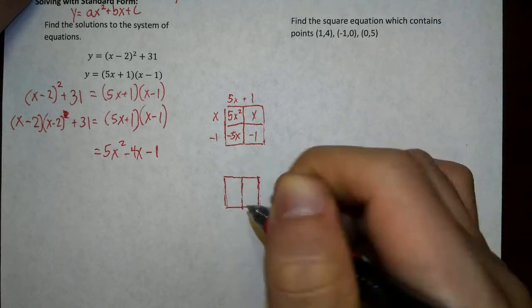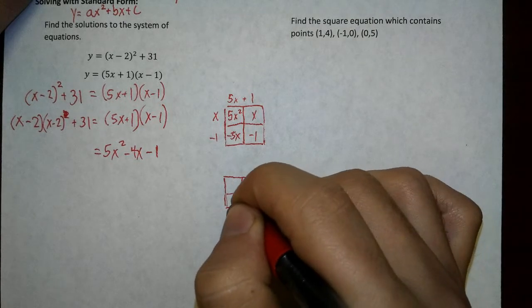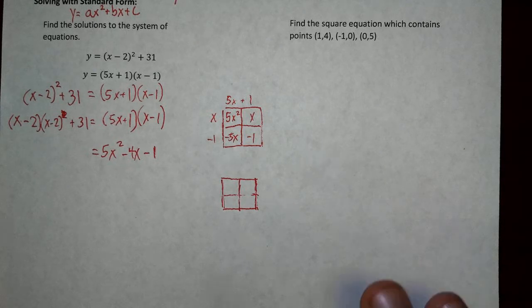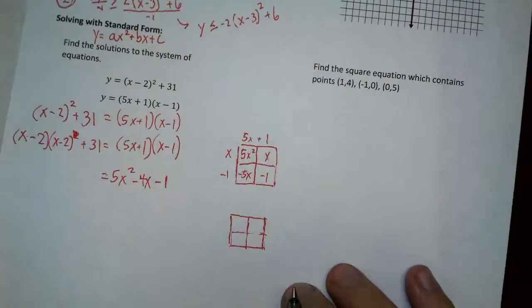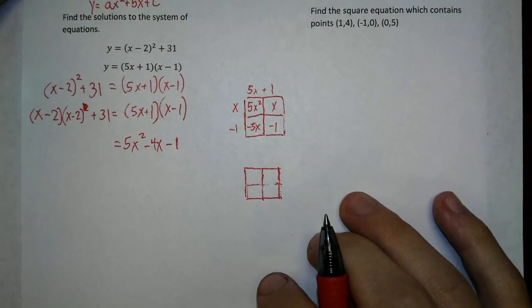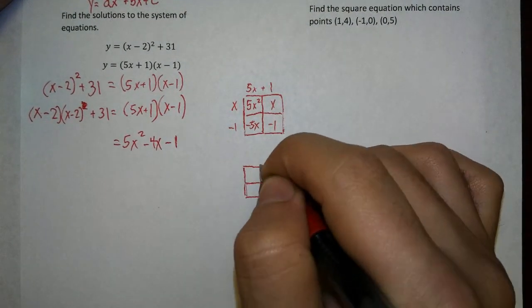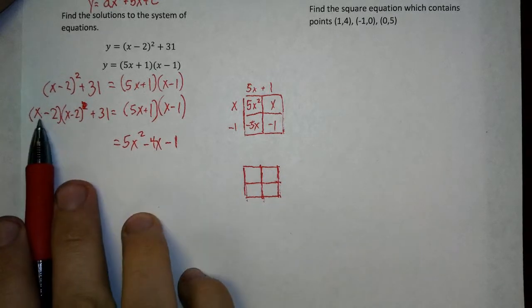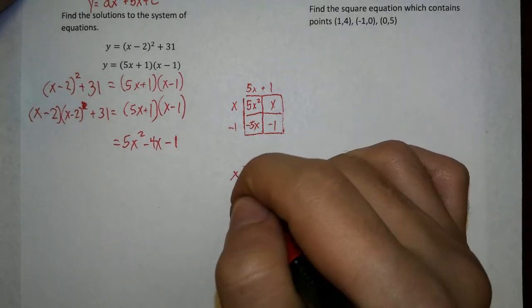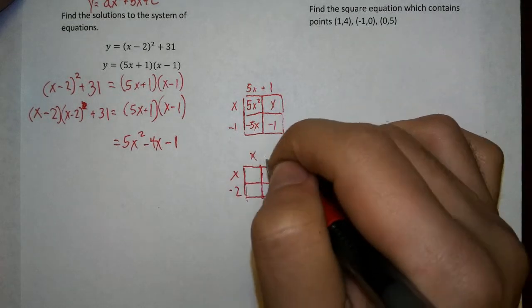Okay, so we got that side done. Now let's go ahead and, A, get a piece of paper under here so it's a little easier to write, but B, now do the binomial multiplication for the left side. We are going to do quantity x minus 2 times quantity x minus 2. Each term gets its own space.